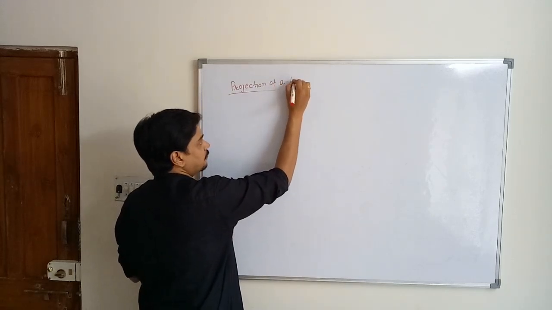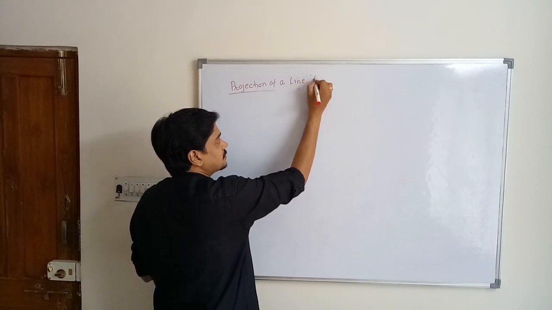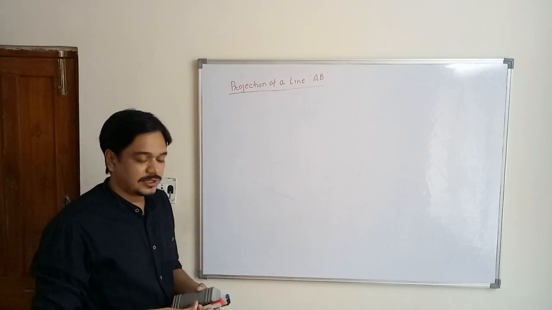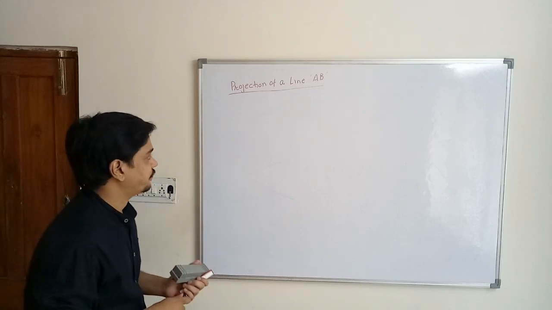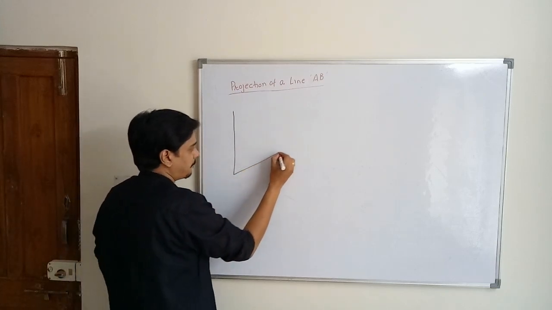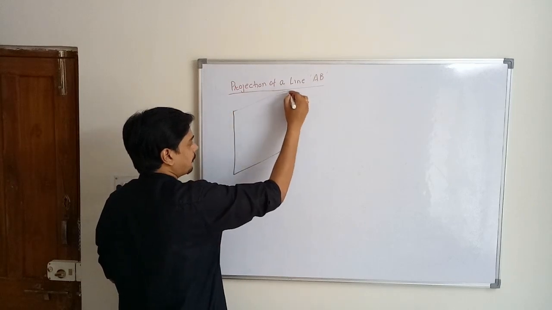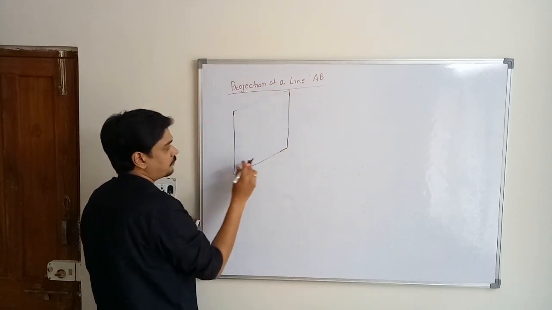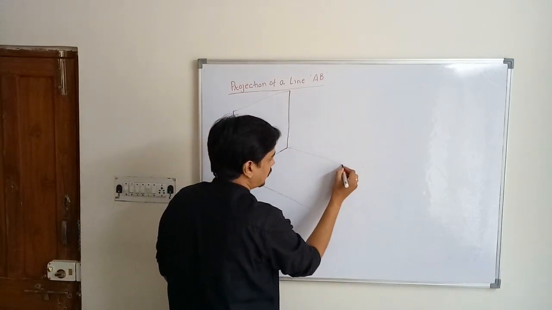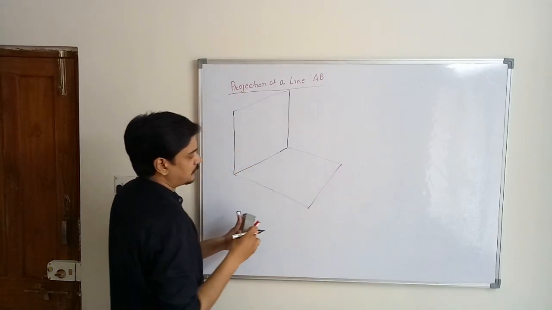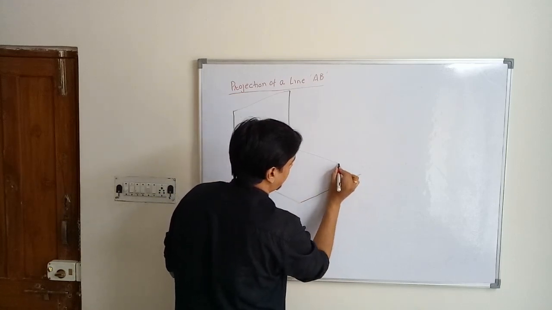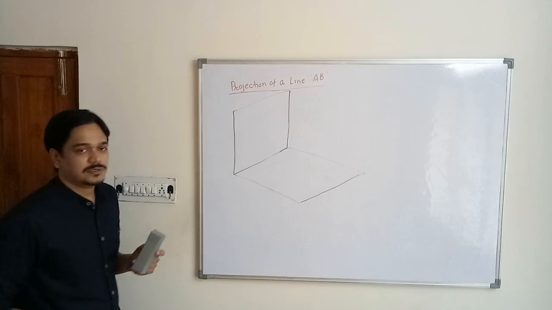Projection of a line. Let us name this line as line AB. Again we will be drawing the same diagram which we have just drawn. This is a vertical plane and this is a horizontal plane.